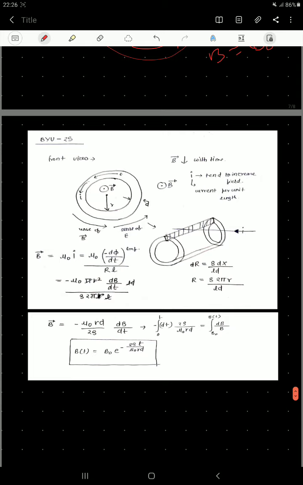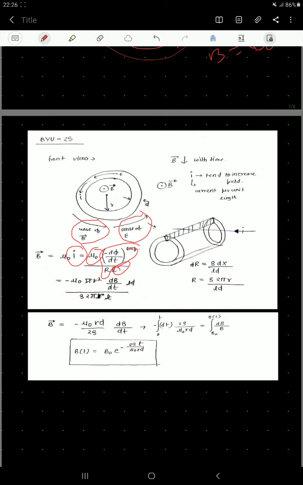So here let us see the situation. What I said is the sense of B would be like that. So the sense of E would also be like that, because it will support the decaying field. Now once it supports the decaying field, we can write the magnitude of the current per unit length as EMF divided by resistance by length of the cylinder into mu naught.